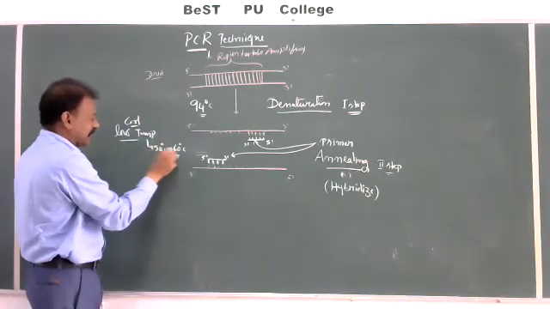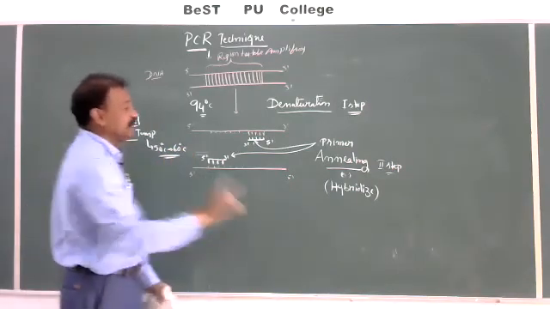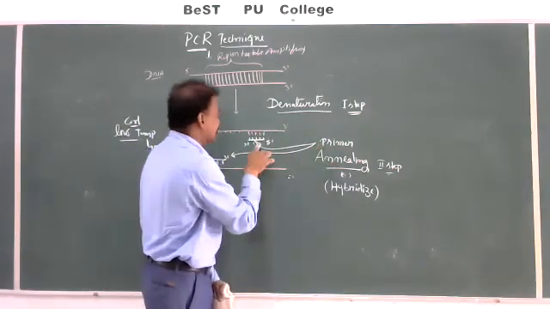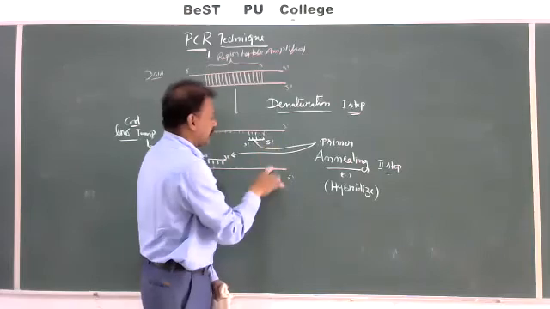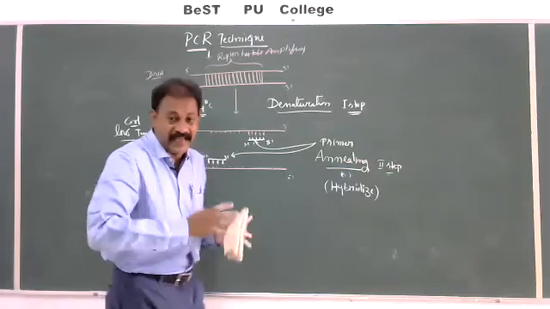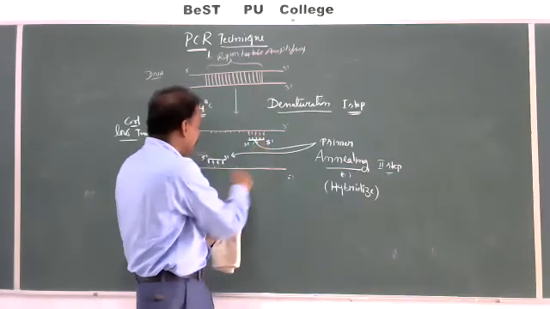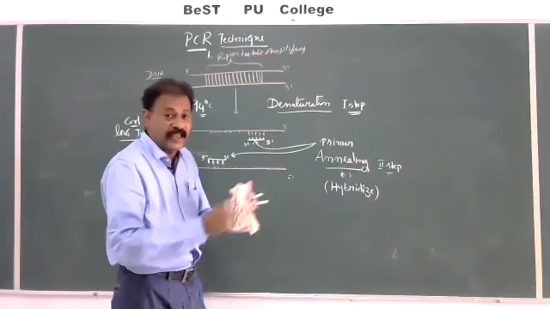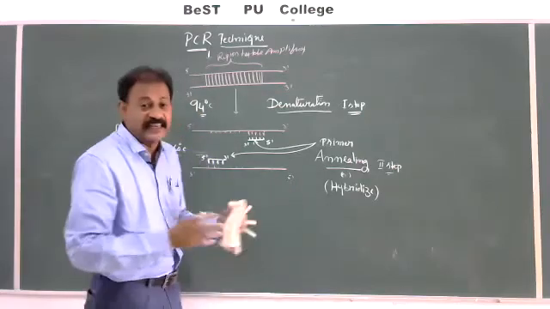At 50 degrees centigrade to 60 degrees centigrade, our primers are attached to the DNA templates. This process is attachment or hybridizing. Hybridizing is called annealing process.